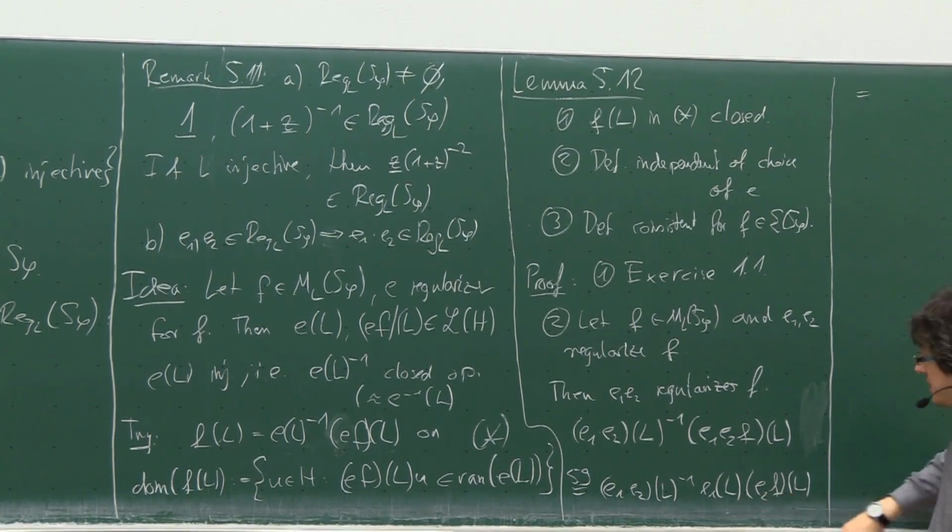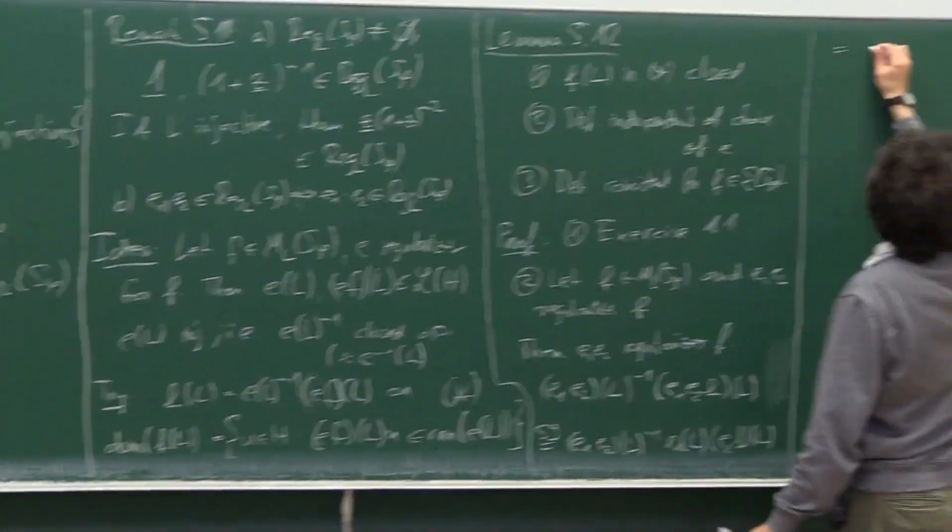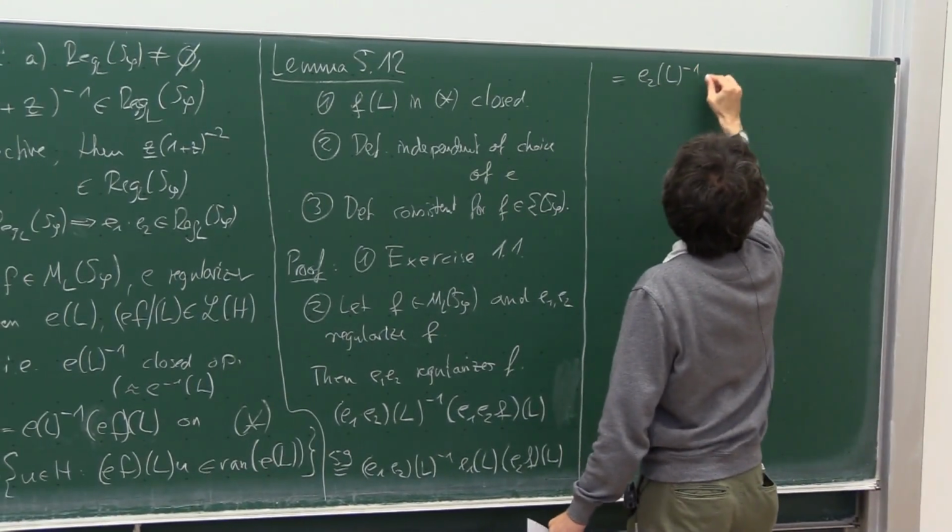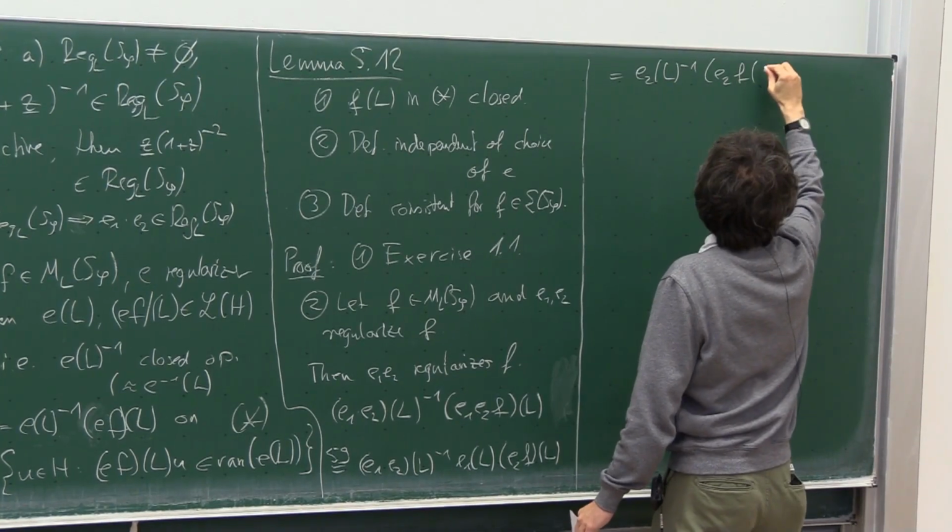E1 of L inverse cancels this one, so you are left with E2 of L inverse E2f of L.